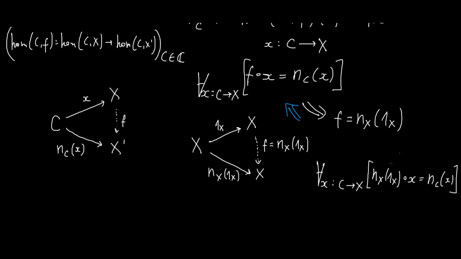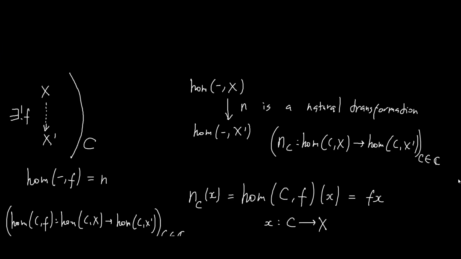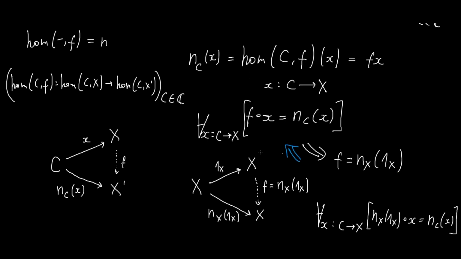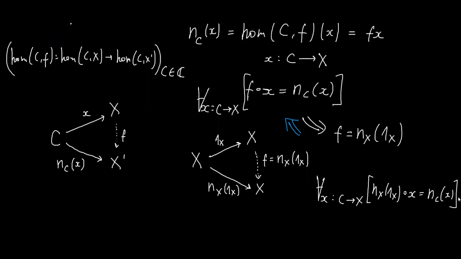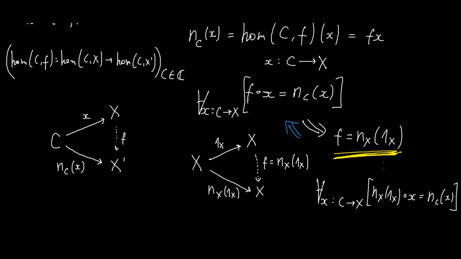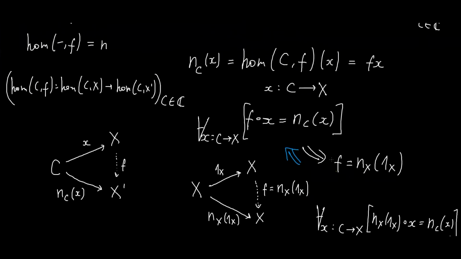If we do all of this, this will be proving that there exists at least one such F, and then we will also want to prove that the F is unique. But I think uniqueness we already took care of, because since this must hold true for every X, in particular, it must hold for the identity morphism, and then the F is forced to be defined like this. So if the F that we propose to define like this works, it will definitely be unique, because we just have the equality for what F should be, right?